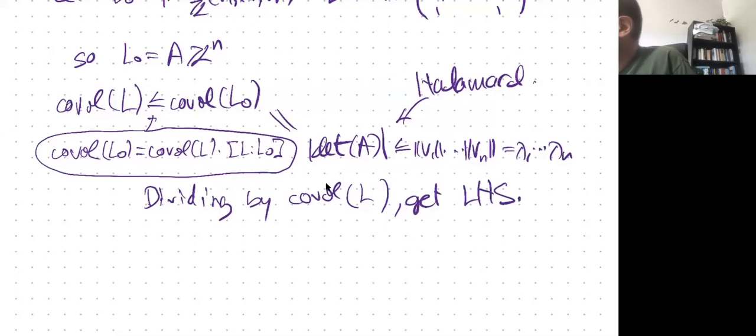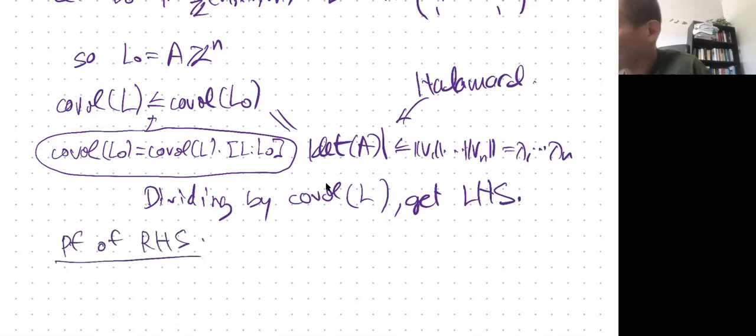Okay, the right-hand side is a little bit trickier. So let's take the VI's as before.